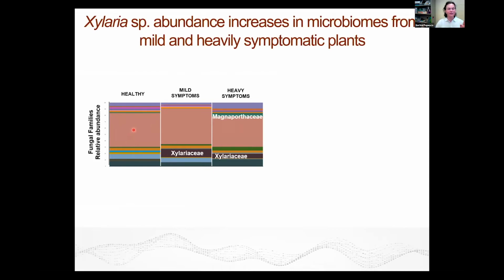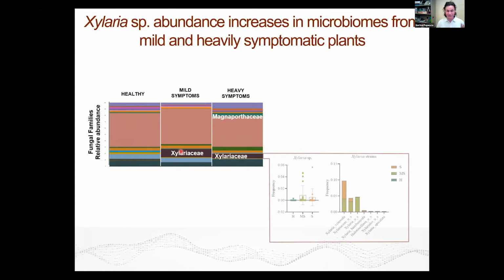So you see that some of these fungal families are present in all these types of plants. Others are present only in the healthy plants. Others start accumulating in the diseased, infected plants, such as, for example, of course, as we expected, Xylaria, which was heavily abundant in the mild symptoms and heavy symptoms plants.